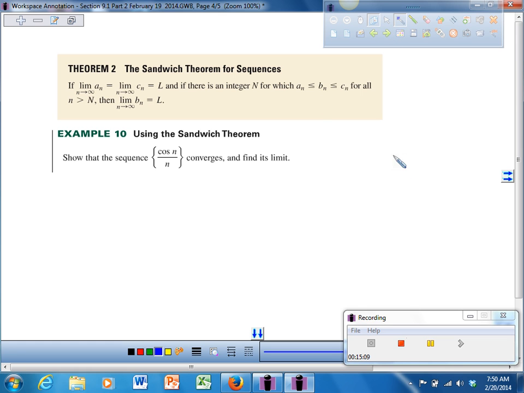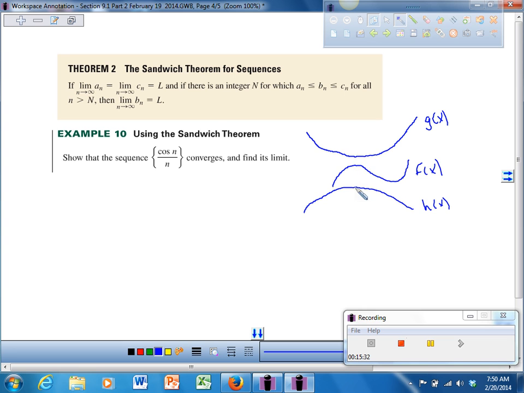is that if I have a function f of x, and I know that f of x is always between another function g of x and a function h of x, okay?